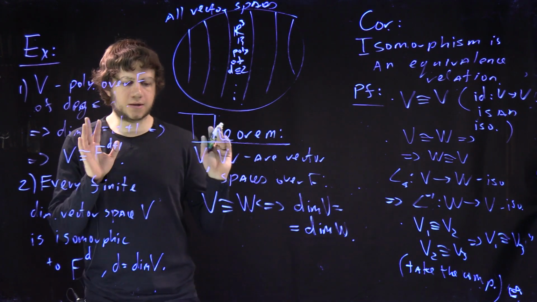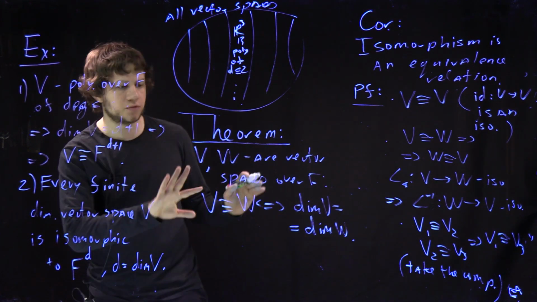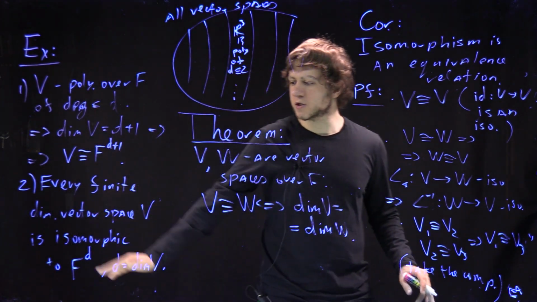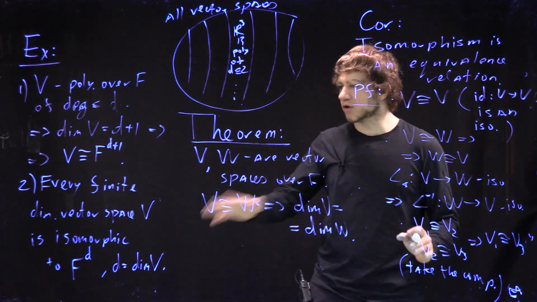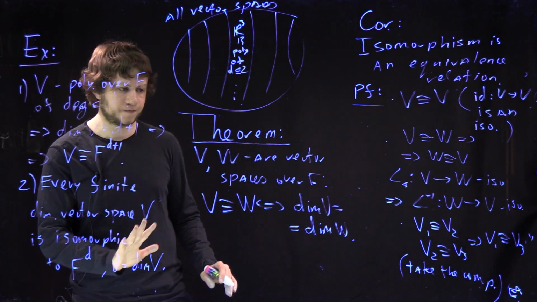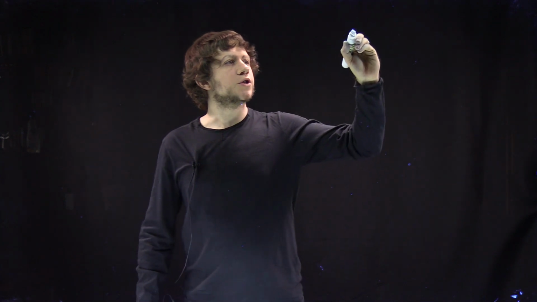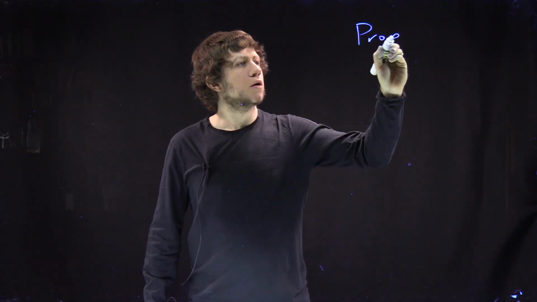That is a vector space over F2 of dimension n, so it's isomorphic to F2 to the power n, and so on. So from the point of view of being isomorphic, vector spaces are classified by just one number, their dimension. Okay, so let's prove the theorem, and for that I will prove a very important proposition, which immediately implies the theorem. So, proposition.